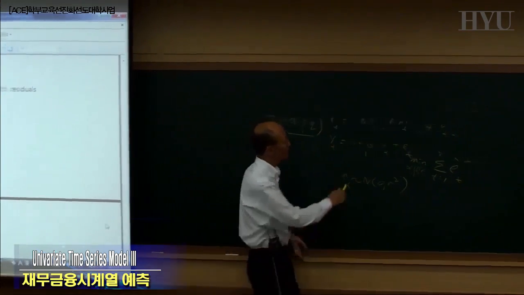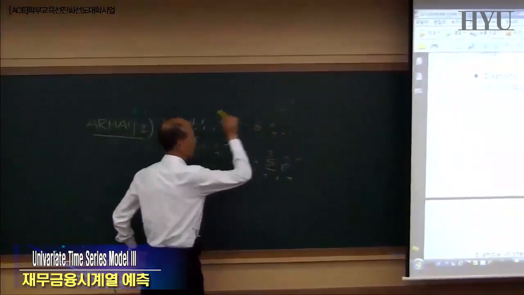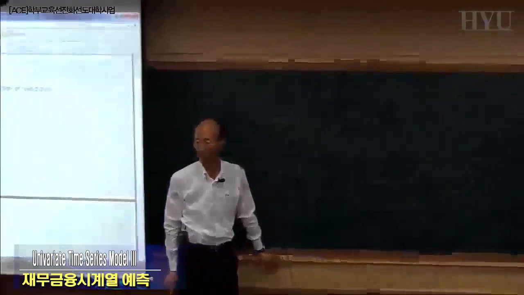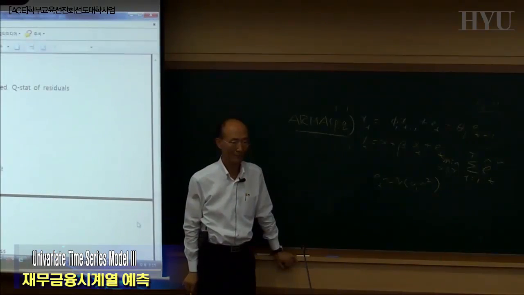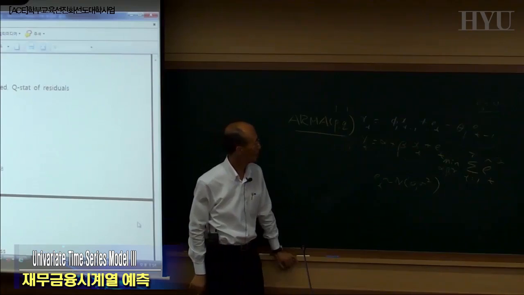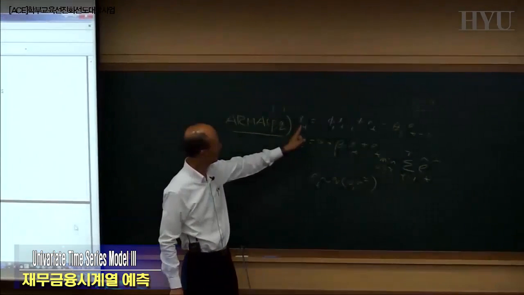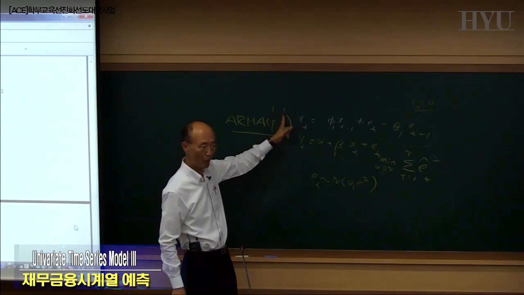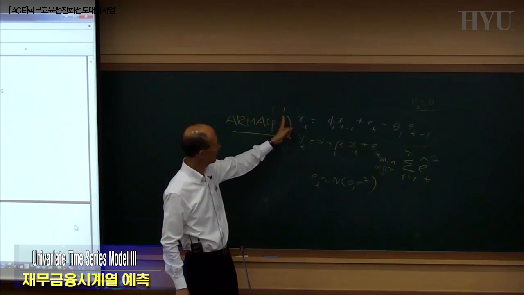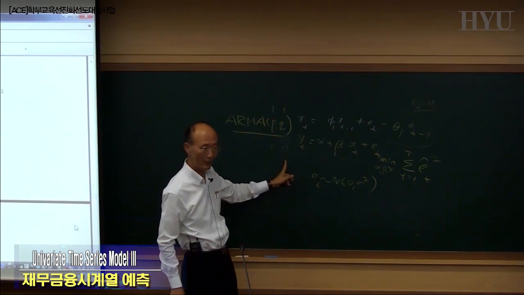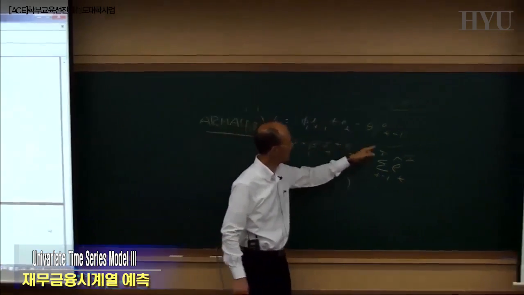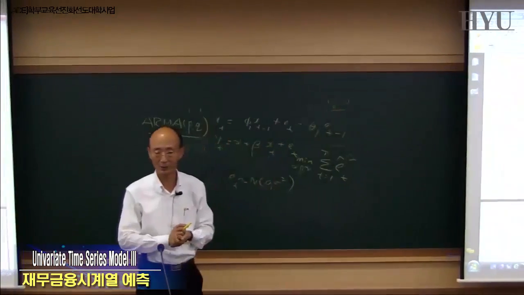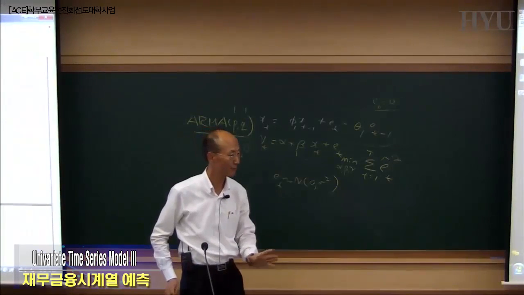Because we are treating this one as one big E of t, right? So if you estimate X of t, which is generated from a 1, 1 process, mistakenly by a 1, 0 process, then the residual will exhibit serial correlation, right?